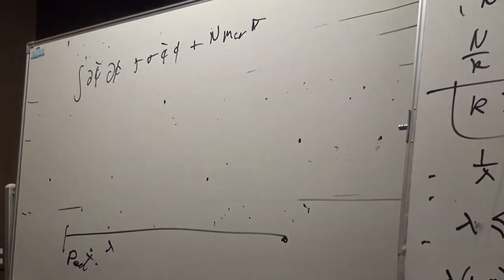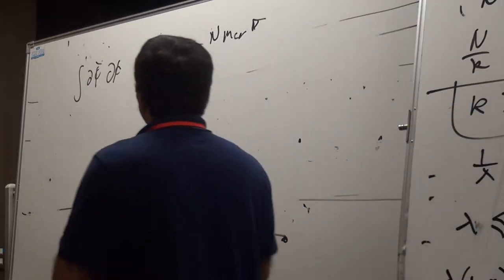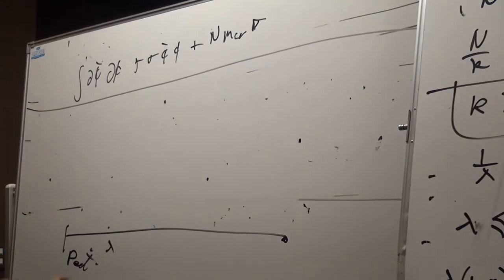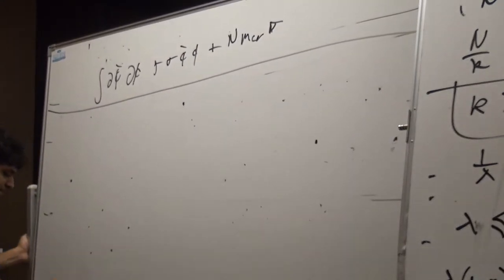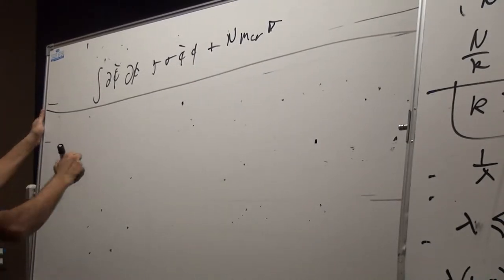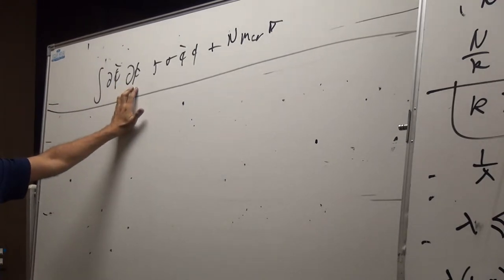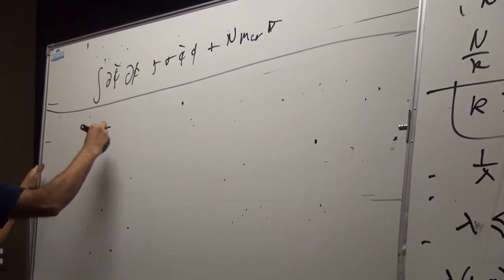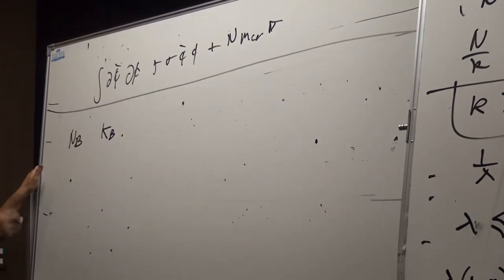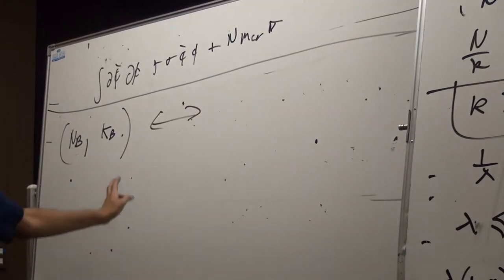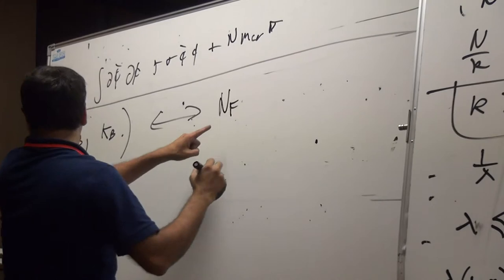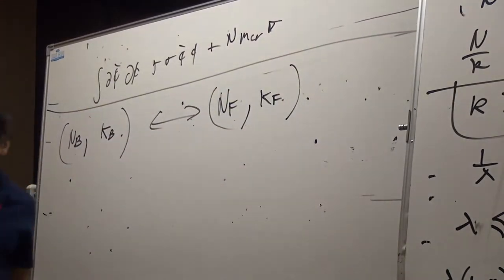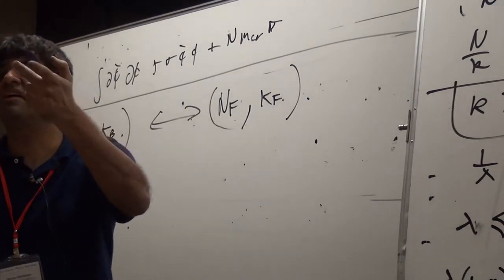So one of the results that we will discuss in great detail and then examine through the S matrix in my next lecture is this quite remarkable conjectured duality. The duality that's conjectured is that the critical bosonic theory, coupled to Chern Simons theory, at renormalized coupling constant kappa boson and N boson, is dual to the fermionic theory at gauge rank NF and kappa F, provided N and kappa transform under the duality relationship.